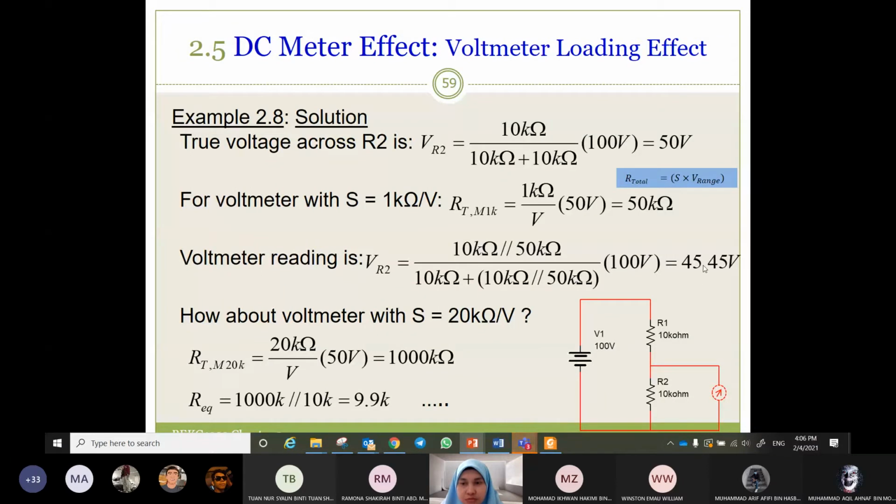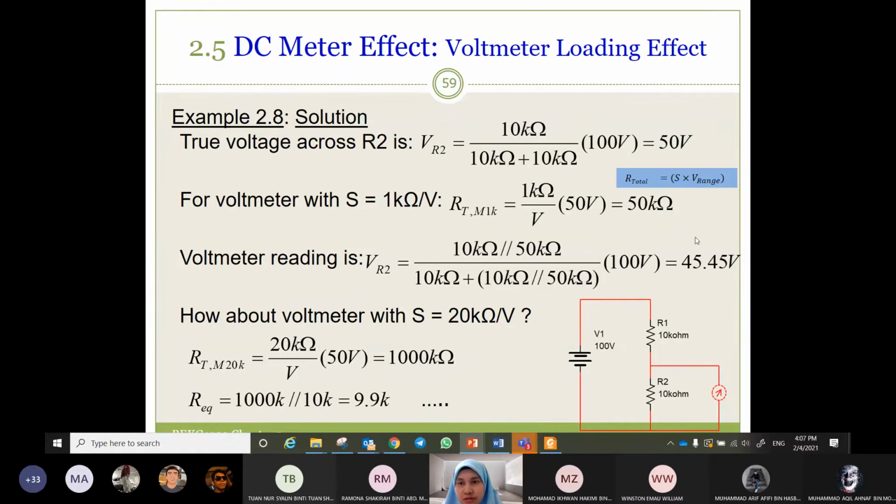We get 45.45 volt. Now we observe that by using voltmeter, we get less voltage as compared to the theory.